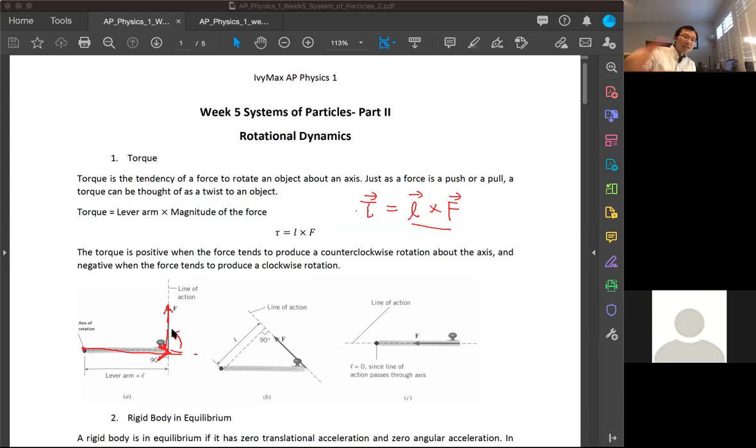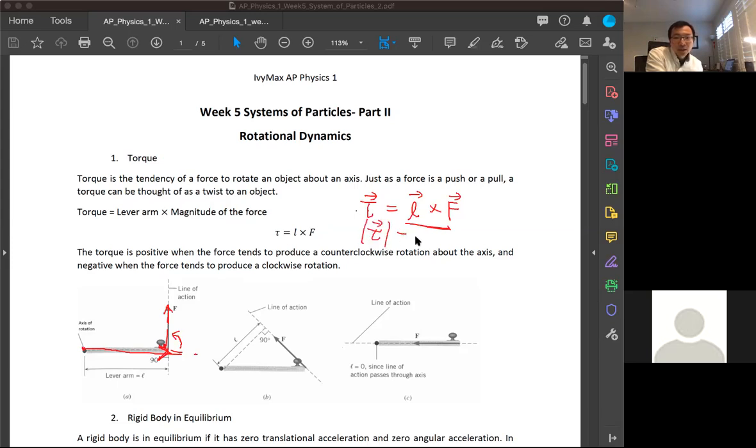Or, in the previous definition, the vector points out of the page. Okay. All right. So that is the direction of your torque. And the magnitude is very basic. It should be this one.